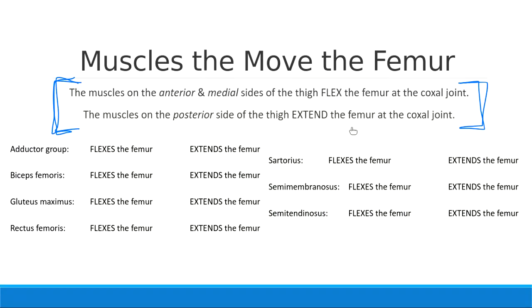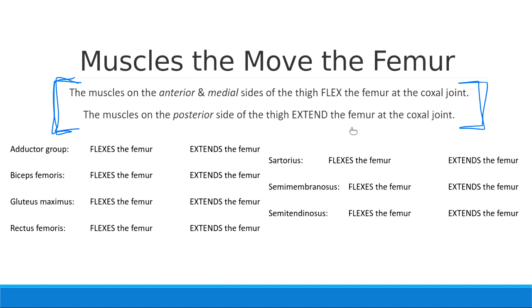Then put your hands on the middle side of your thigh and say, these are the muscles that do flexion of the femur. And then put your hands on the back side of your thigh. These are the ones that do extension. If you know generally that the muscles that live on the top and on the middle do flexion of the femur, and the ones that live on the back side do extension, you're good. If you memorize that, then we can just use the location of these muscles to figure out what they do.